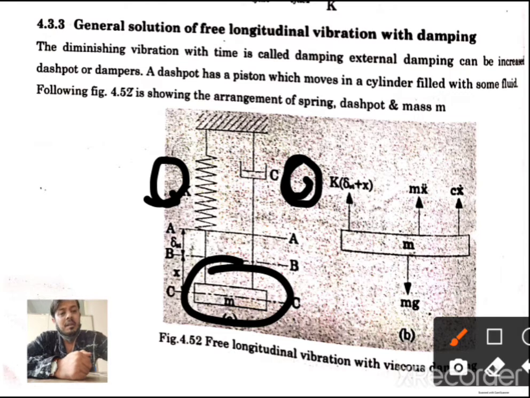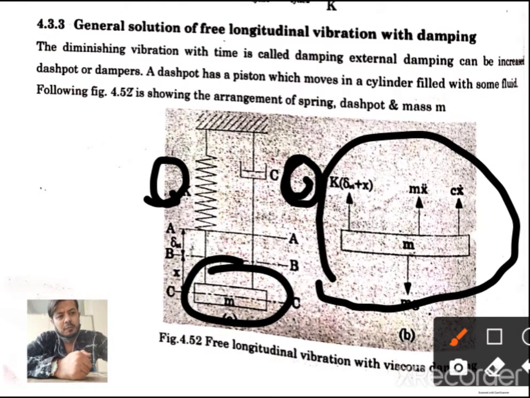In the next figure on the right side, a free body diagram is shown. We all know what a damper is: a device used to reduce or eliminate the vibration produced in the system. Likewise, the spring has stiffness k and the damper has damping coefficient c.